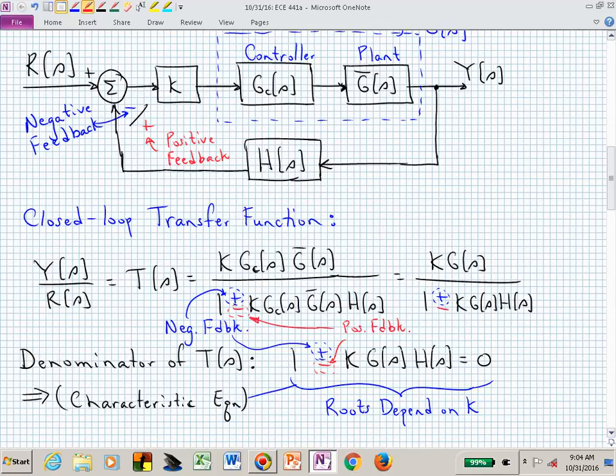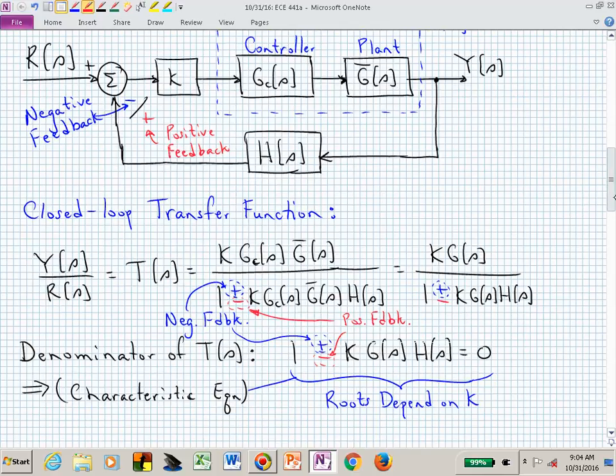We might have peak time specifications, which is now this horizontal omega sub d line, and if we want a quicker response, we may want that imaginary part to be longer or further away from the real line. We also have percent overshoot specification, which is the angle, and that is influenced by the damping ratio, or the zeta.